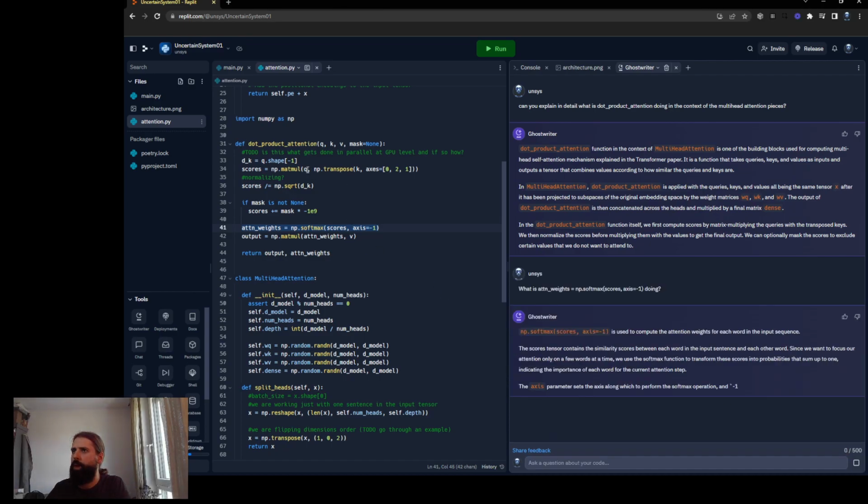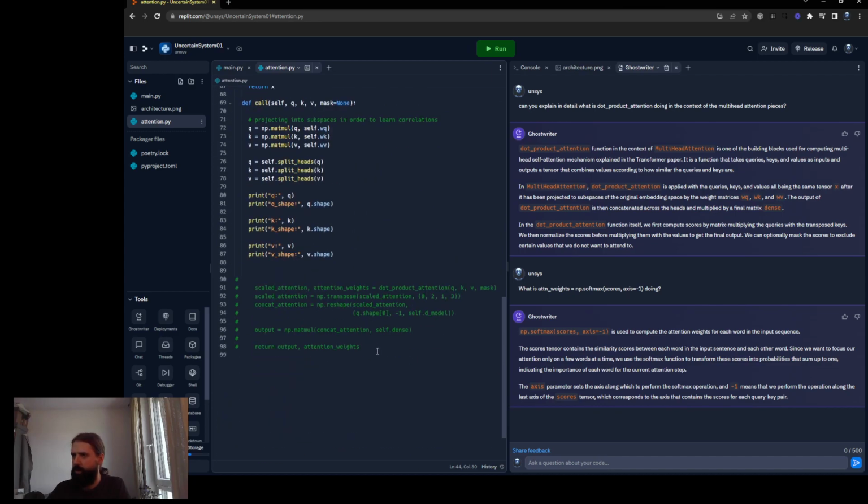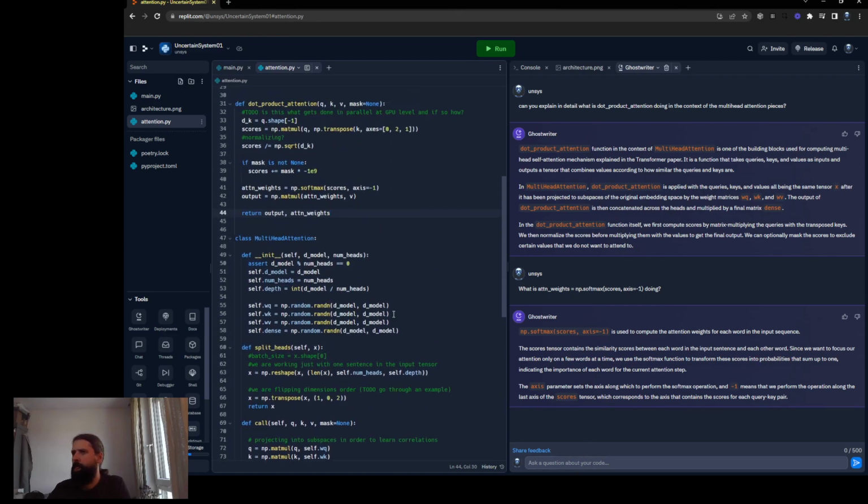But here we're multiplying Q and K, and there's no V. Oh no, here, okay, we output this with V. So we multiply this with V. The output and the attention weights. Why do we return two things in the first place?